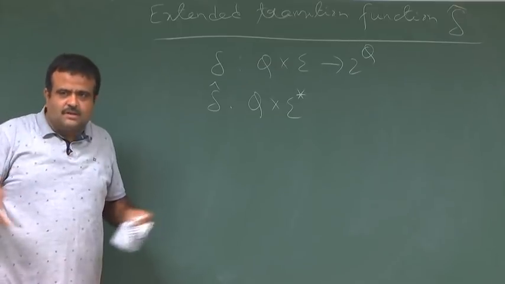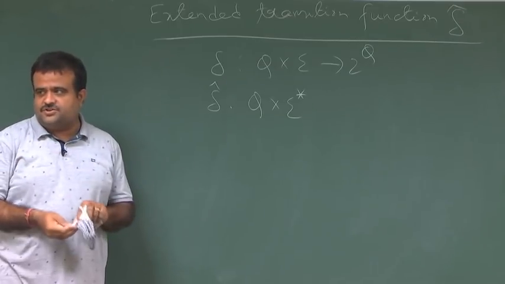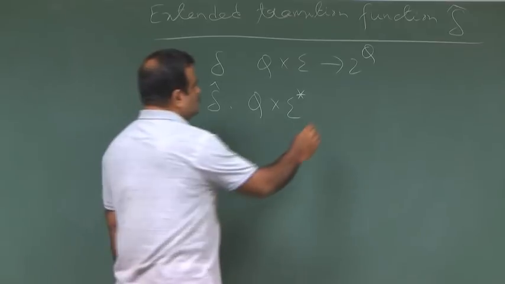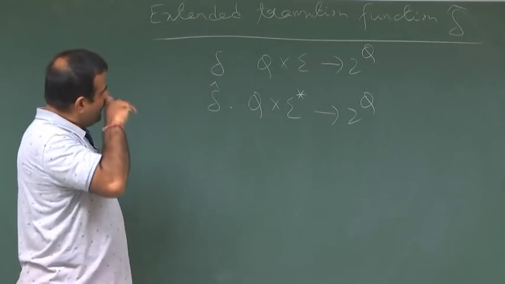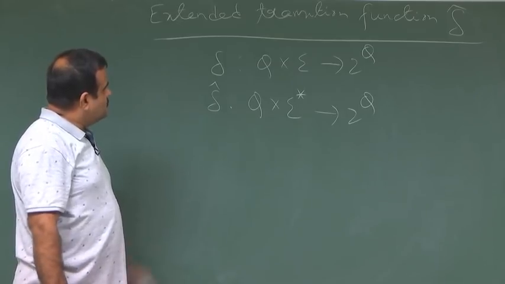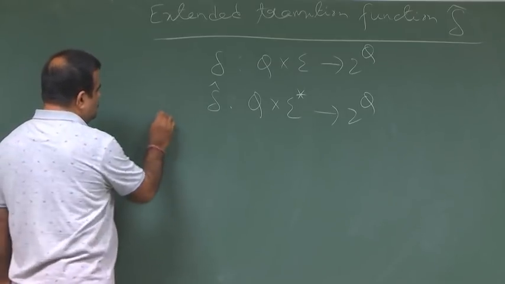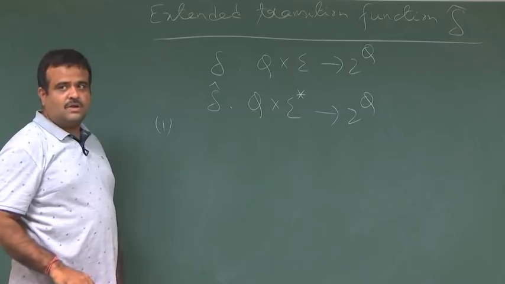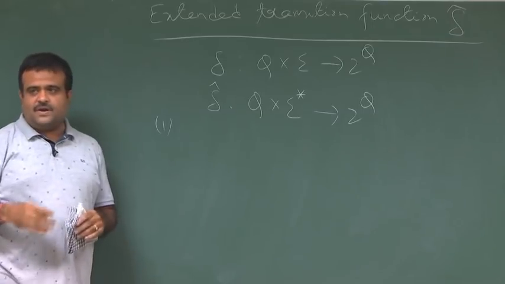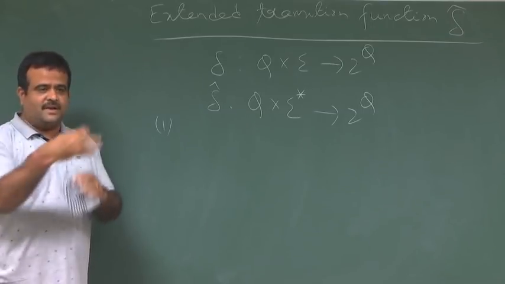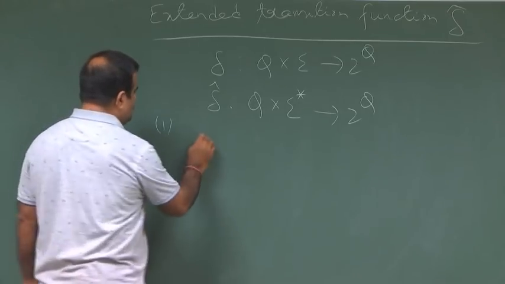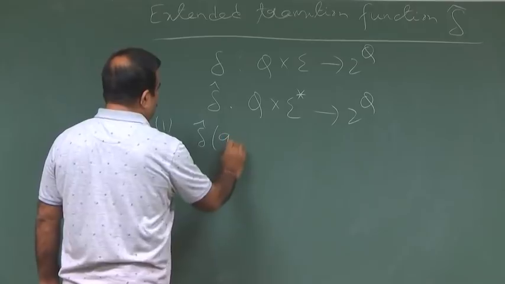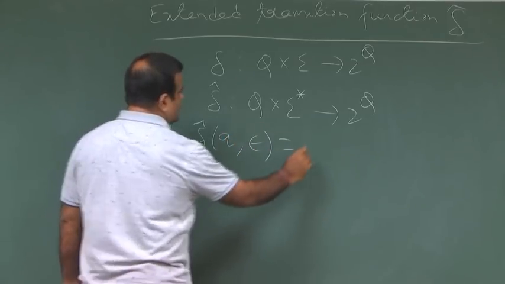It could be a single symbol also, or it could be the empty string. This is similar to what we did for the DFA, but for DFA we had a single state, and here we have multiple states. So, this is the base case. We define delta hat of q comma epsilon as q.